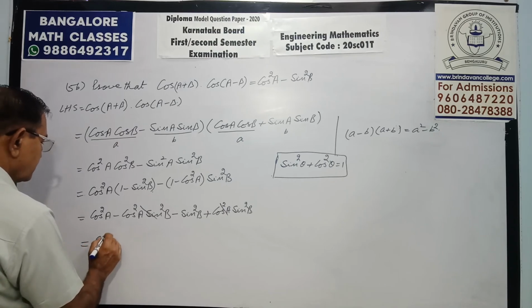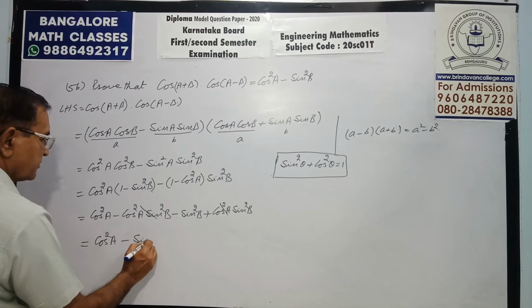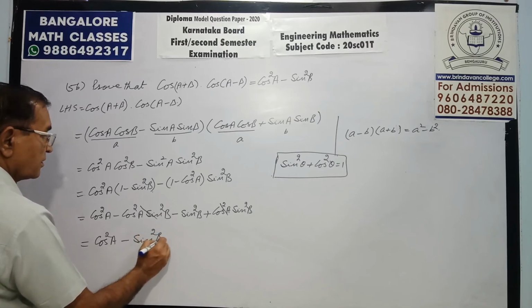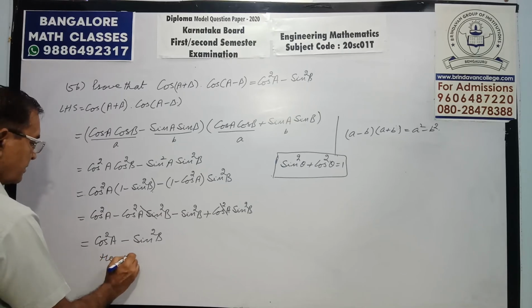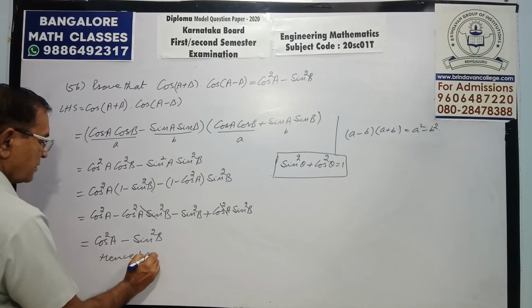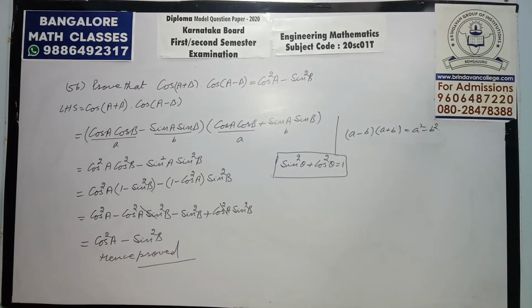Thus we are left with cos square A minus sin square B. Hence proved. Like that, we are supposed to solve this one.